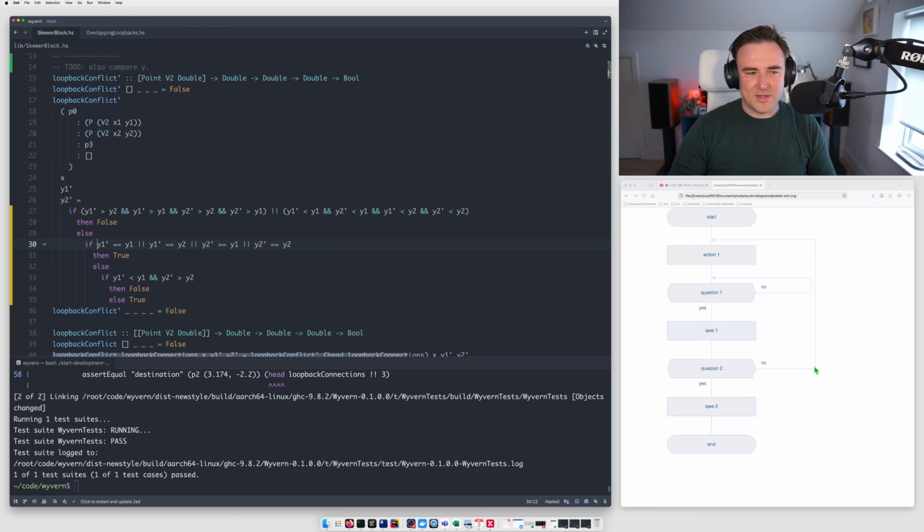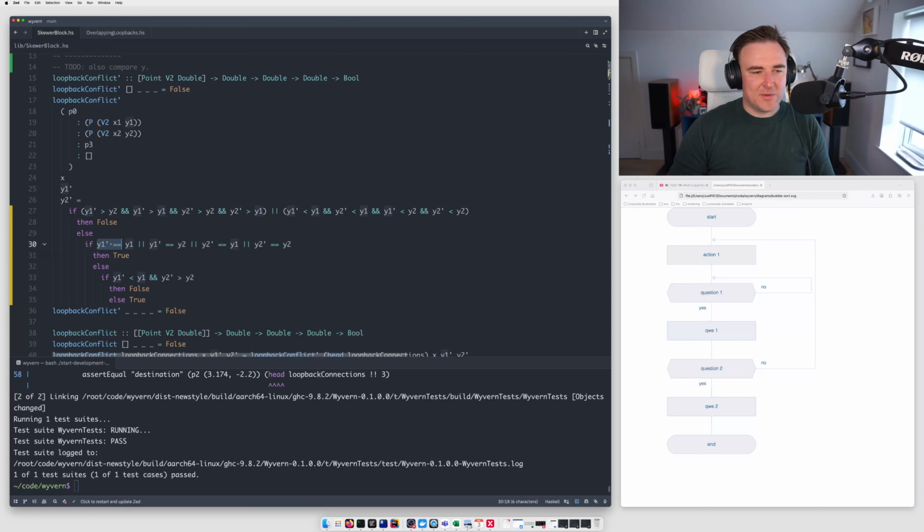And what I realized is that the types are organized in such a way that y1 prime will always be lower than y1, which is the y coordinate of this point. There's just no other way.